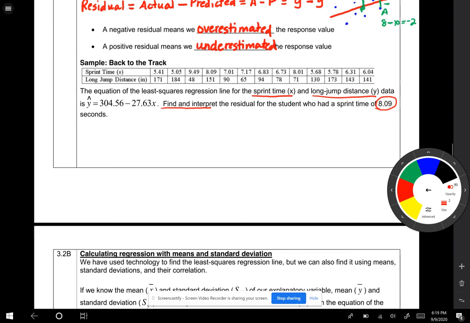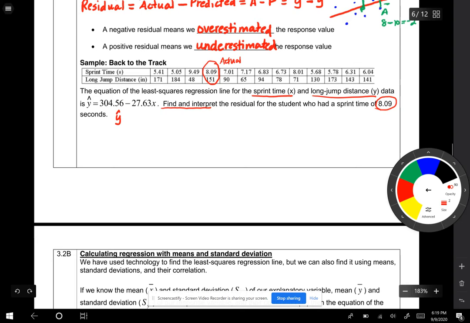So the first thing we want to do is look in our table and find the actual long jump distance. So right here, 8.09, the value 151 is our actual long jump distance. So let's write our equation down.